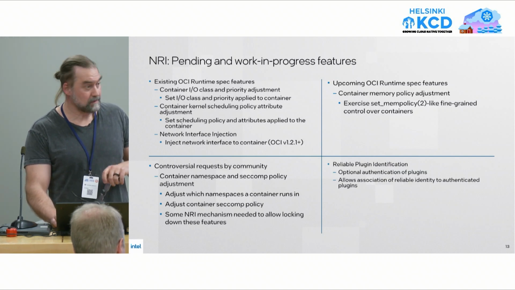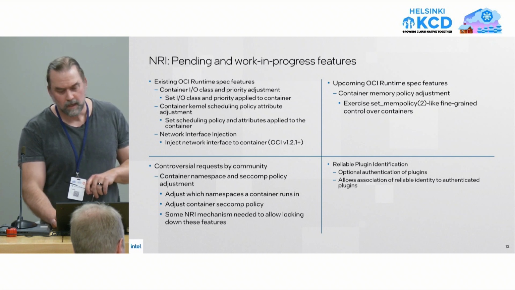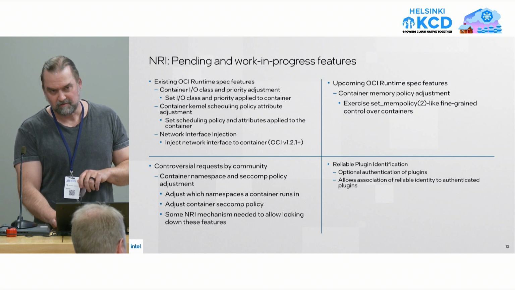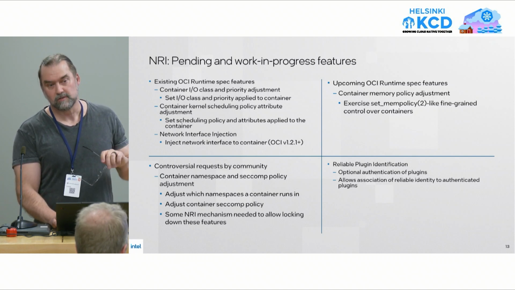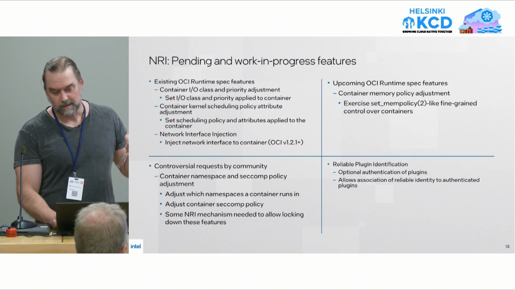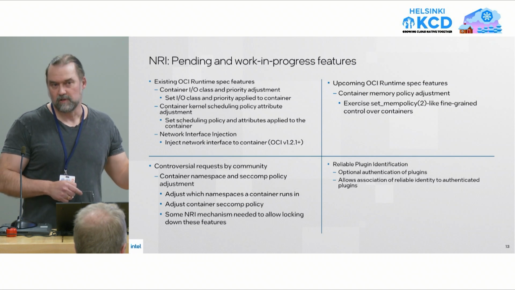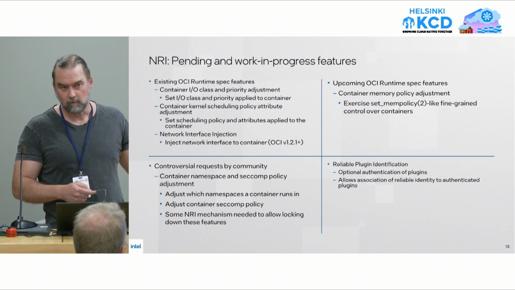The current idea, and what we are actually adding, and there is a PR open about it, is adding reliable plugin identification and then tying different sets of features to different identities. So, for instance, you will be able to trust your own plugins fully and say that my plugin with this identity can do whatever.